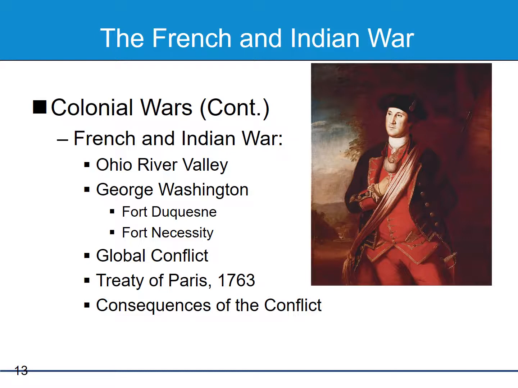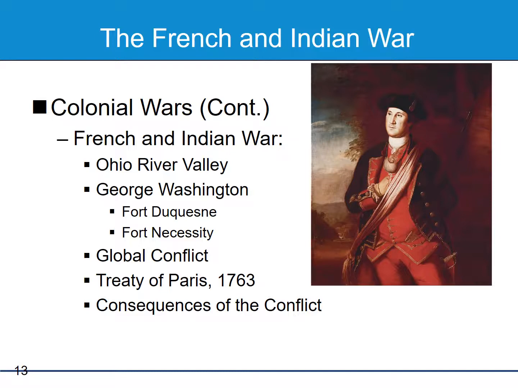The major players, once again, are going to be France and Spain on the other side. But there's going to be some fighting that's going to occur in India, in North Africa. So it really is a global conflict. In some ways, we could actually call it the First World War, if we wanted to.